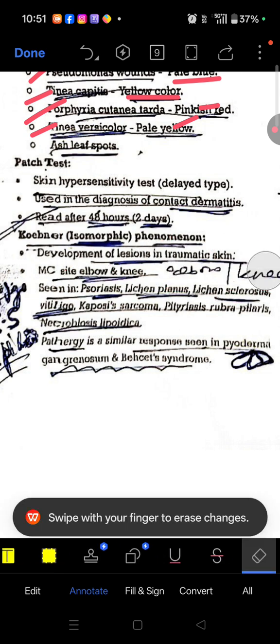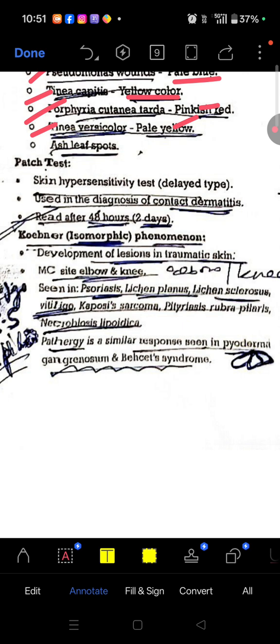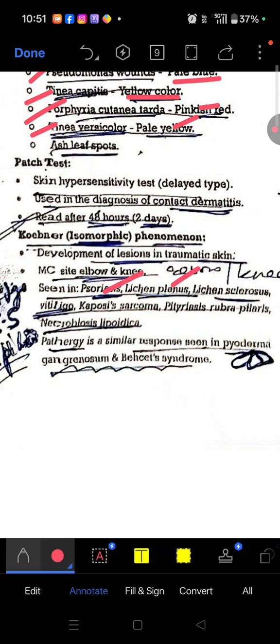Next, it is seen in psoriasis, lichen planus, lichen sclerosus, vitiligo, Kaposi sarcoma. So vitiligo is important, right? Kaposi sarcoma, pityriasis rubra, and necrobiosis lipoidica.